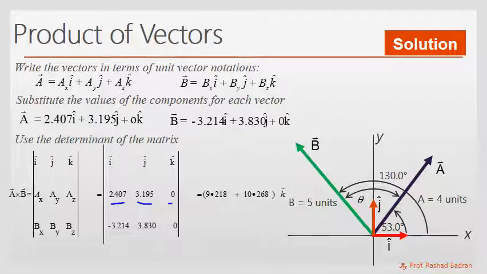For the components of b, we have minus 3.214 for bx, 3.83 for by, and 0 for bz. Evaluating the determinant, obviously we get just one term by crossing off the k component.